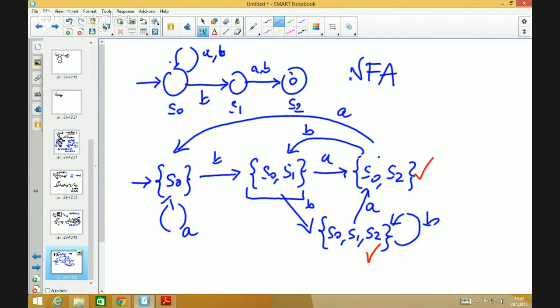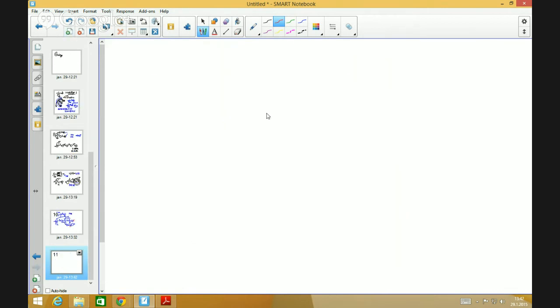Okay, so basically that's the way to do it. That's how the algorithm processes. So what is the general pattern? Here's the general pattern. The input is an NFA.